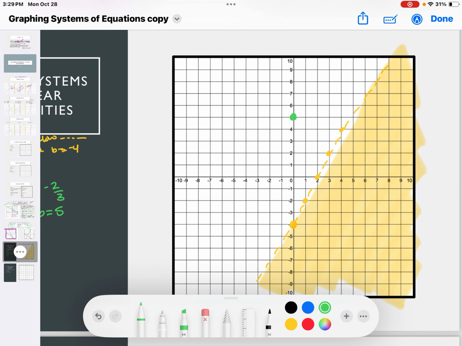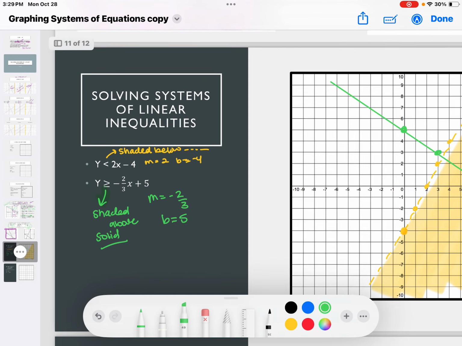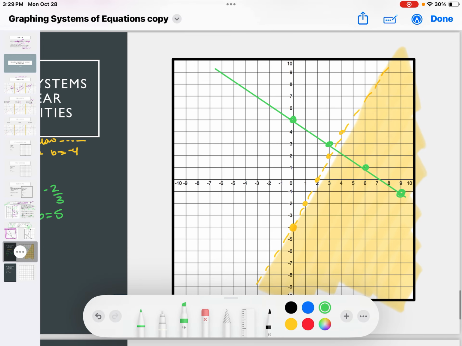Down 2/3, down 2/3, down 2/3. Wait, I did something wrong. Hold on. Down 2/3. There we go. All right, and which way am I shading? Above. So remember that the solution is where they're both colored.